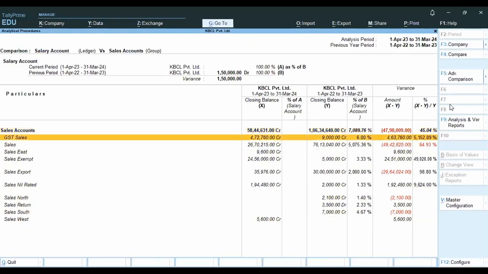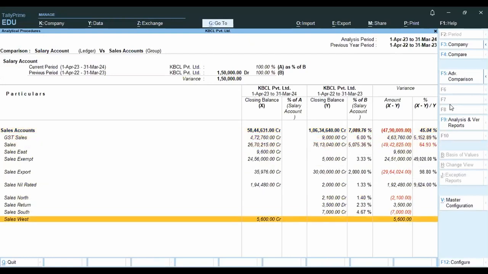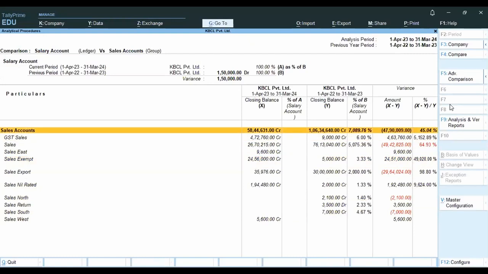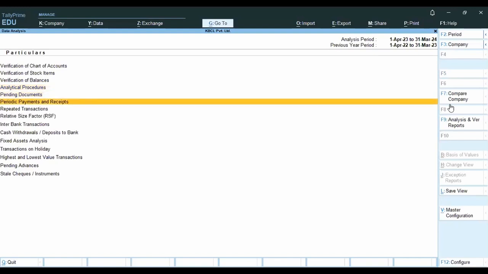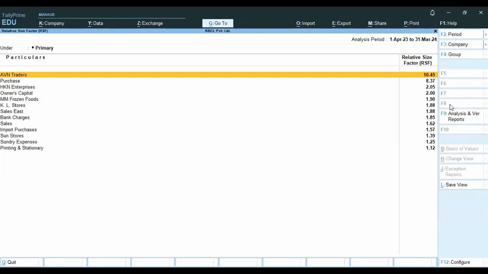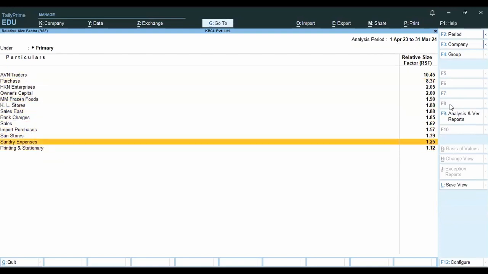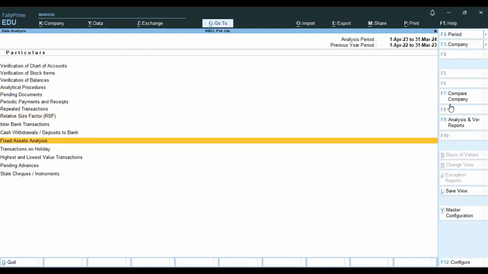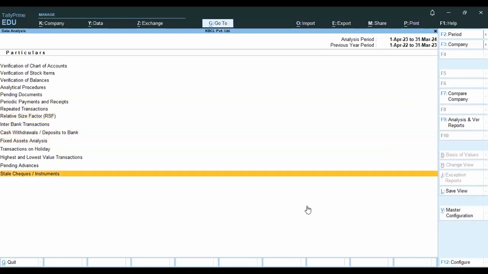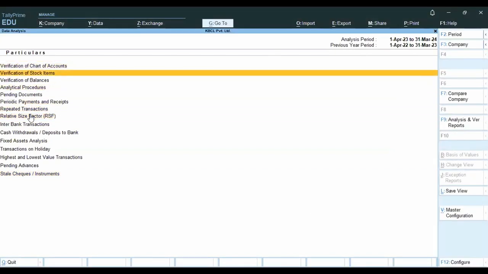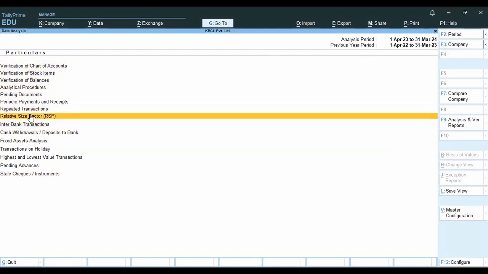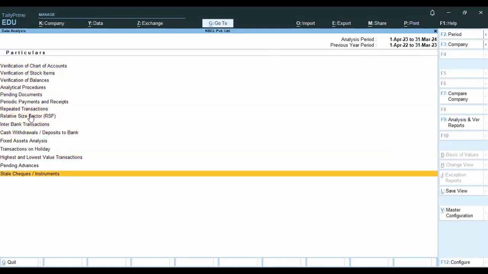This is how I can do ratio analysis of any sort of expense, group wise, ledger group, cost center, anything. Then there is a relative size factor, where Tally itself identifies certain ledgers which are high risk ledgers, so it is easy for me to scrutinize those ledgers. This is how you can do your compliance procedure from Tally, like verification of charts of account, opening balance, stock item. Now moving on to the transaction analysis.